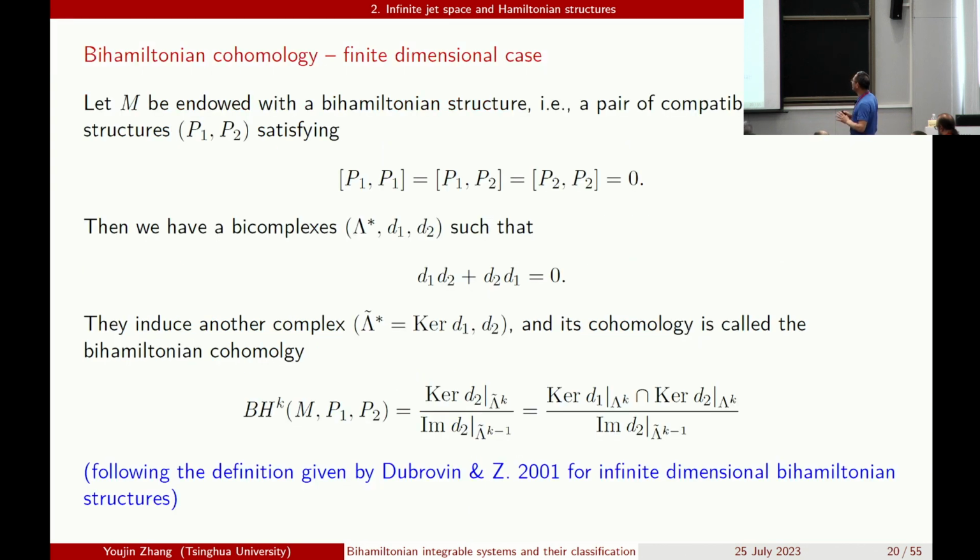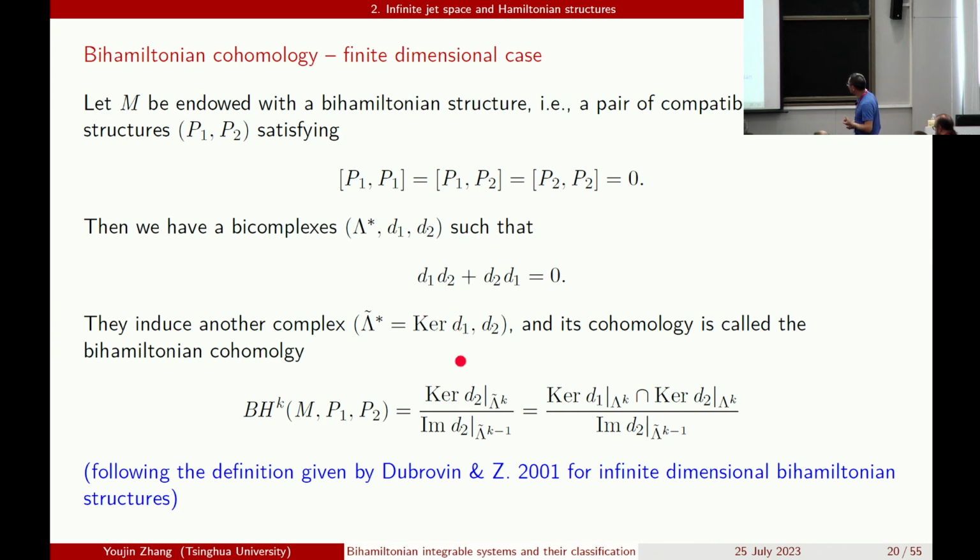If we have two Poisson bivector fields, we call them compatible, meaning that apart from the Schouten bracket of each being equal to 0, the Schouten bracket of P1 and P2 is also equal to 0. Using this property, we can define a bicomplex by using P1 and P2.